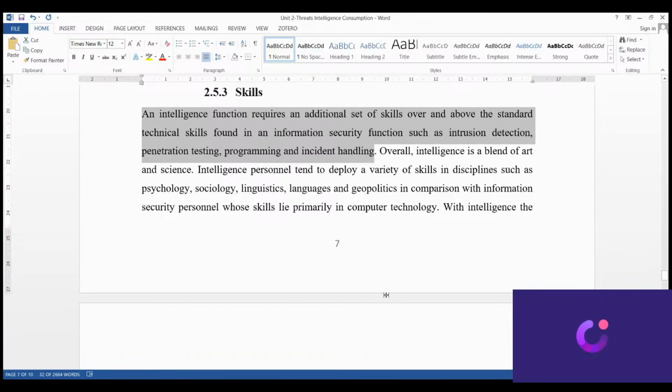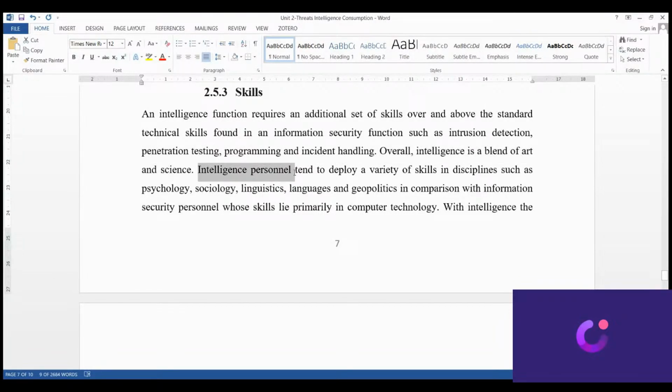So the aspect of intelligence is basically a blend of art and science. You mix these two because you keep on trying to discover new ways, trying to come up with the best way to solve these security problems.